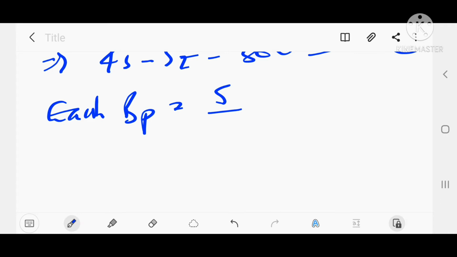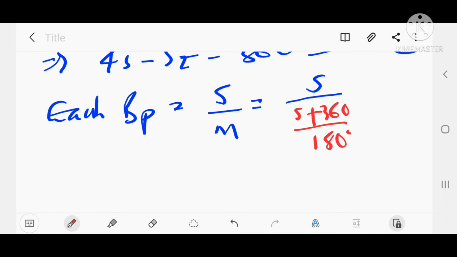The number of sides we represented with m, so we have s on m. We can further break this down by substituting the value of m: s on (s plus 360) on 180, and this is division.